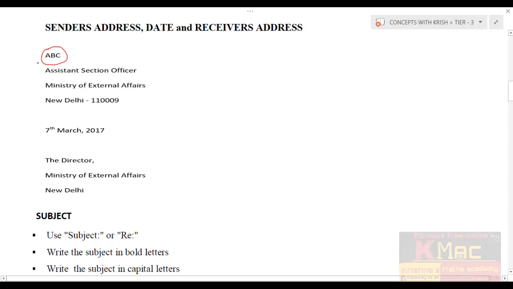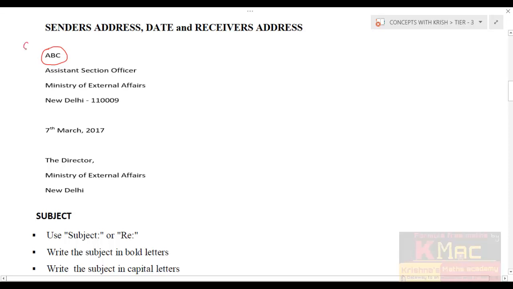If they don't give any such thing, just write ABC or XYZ, but do not write your own name at any cost if it is not given in the question. But pay special attention to whether they are asking you to imagine yourself as so and so person. If they ask you to imagine like Krishna or Naresh, any name, then you have to write that name. Otherwise, just mention ABC or XYZ.